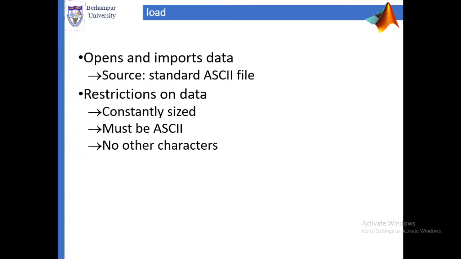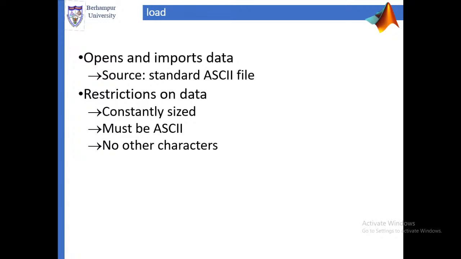You know what ASCII is. If you have studied microprocessors, you must know what ASCII is. So the source has to be a standard ASCII file. An ASCII file can contain characters, strings, and numbers. Everything can be contained within an ASCII file. So it must be a standard ASCII file. That is the first thing: load can import from a standard ASCII file.